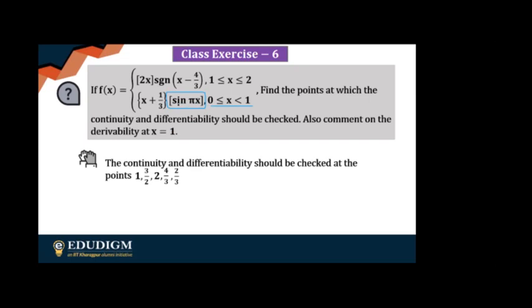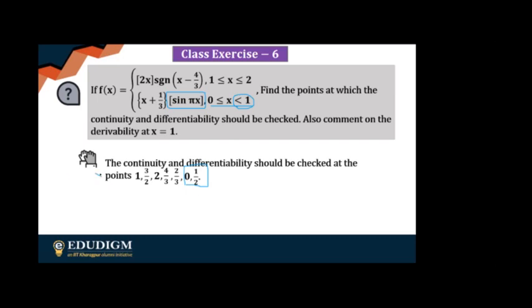Then you get sin pi by 2, whose value is 1. Again, box 1, that will be problematic. Similarly, if I put x equals to 1, that is also giving me sin pi, which is 0. Again, that's an integer. So the possible problems are literally here. But I'm not including 1 because if you see this, this is not included, okay? So these are the two possible problems.